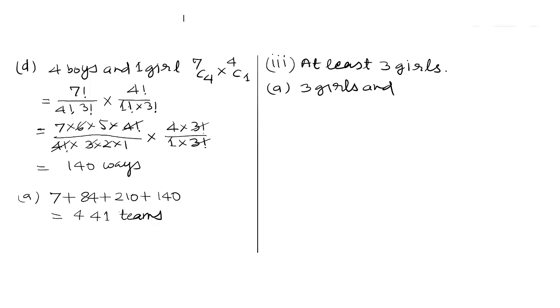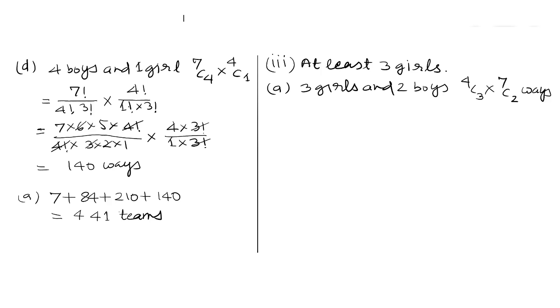Part 3, at least 3 girls, in which there are 2 situations. Part A is 3 girls and 2 boys, and part B, 4 girls and 1 boy. So we calculate first 3 girls and 2 boys. This can be done in 4C3 multiplied by 7C2 ways.